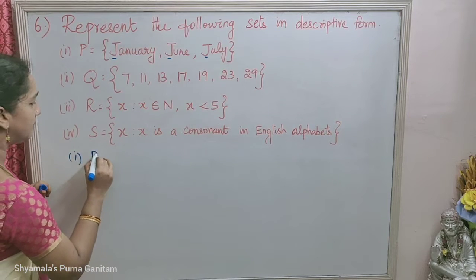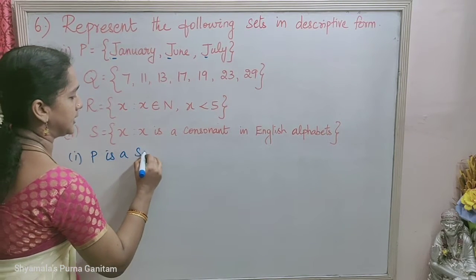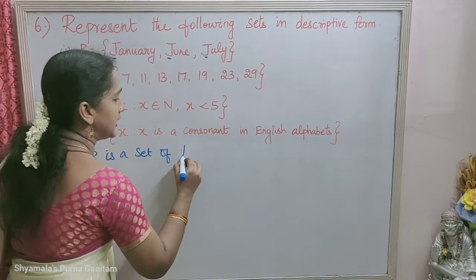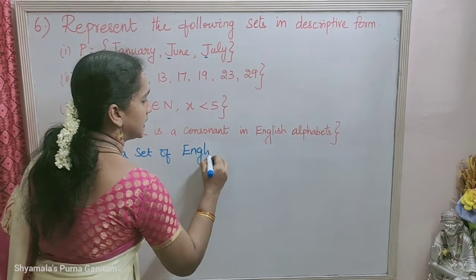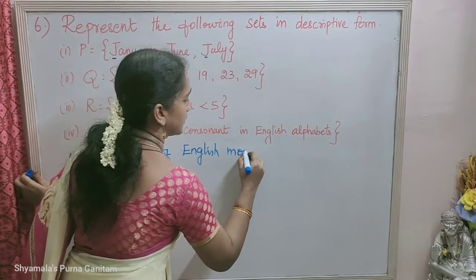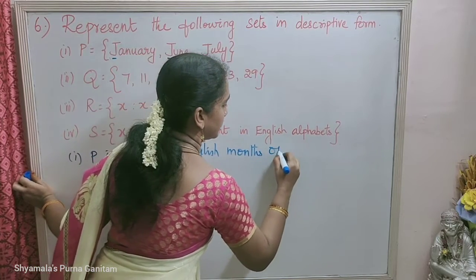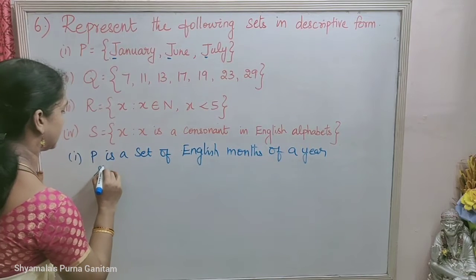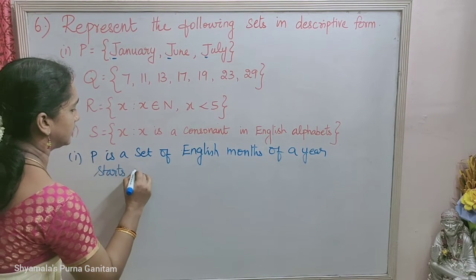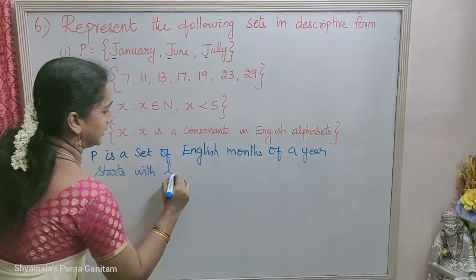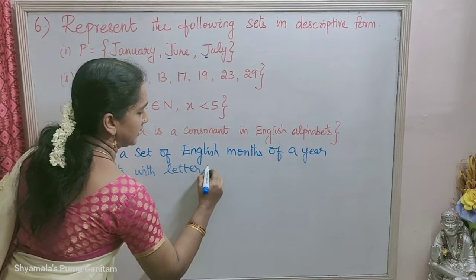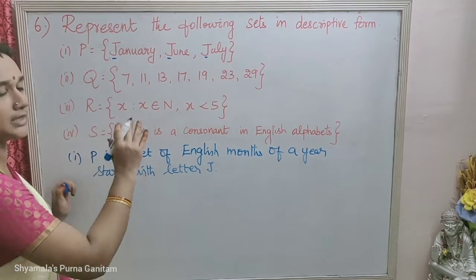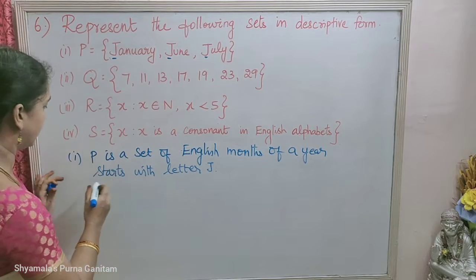P is a set of English months of a year that start with the letter J. All these months start with letter J.